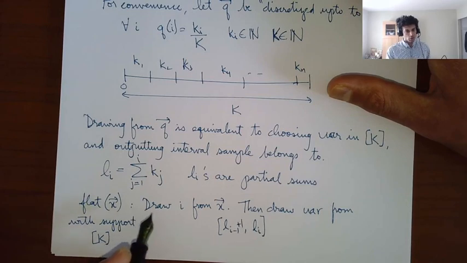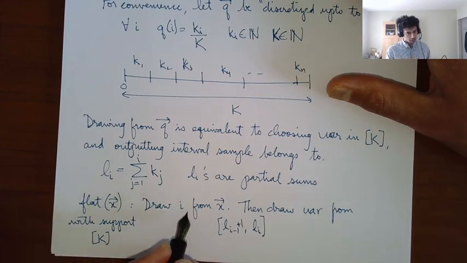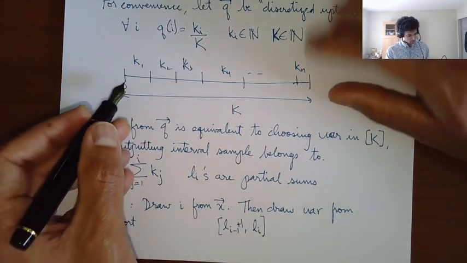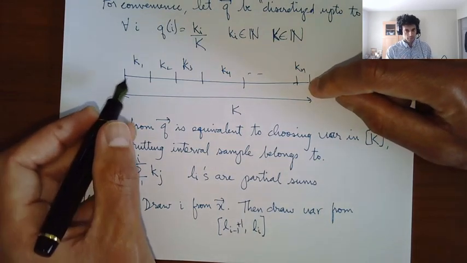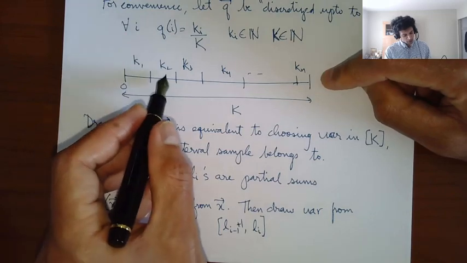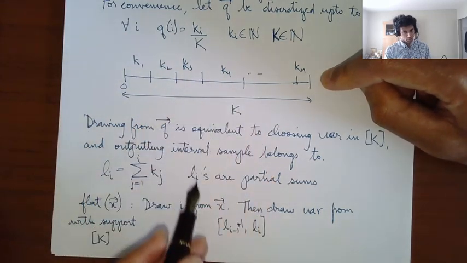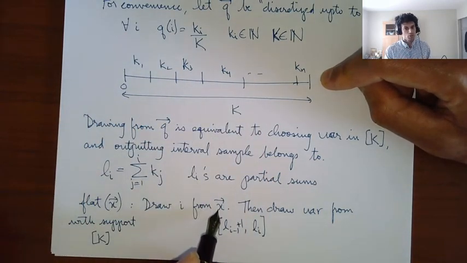I'm going to go in the opposite direction, which is, I can think of it as drawing something from the support. I'm essentially going to choose a bin according to my distribution.